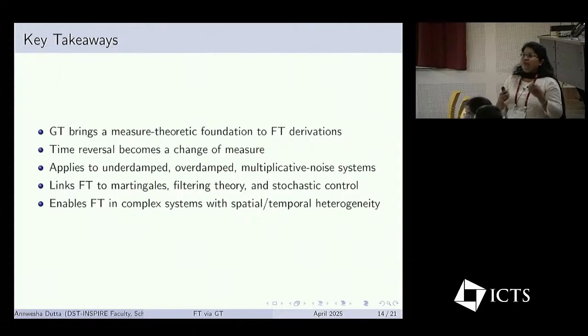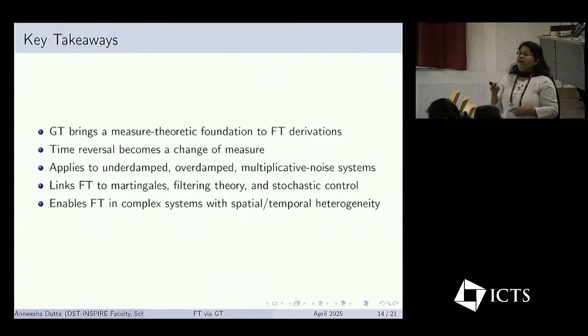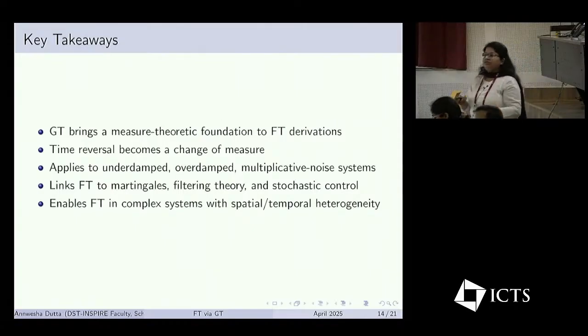We can also use the Girsanov theorem setup to compute the fluctuation theorem for underdamped and overdamped multiplicative noise systems. We can link the fluctuation theorem to martingales, filtering theory, stochastic control, and many other important quantities. And it enables us to compute the fluctuation theorem for complex systems with spatial and temporal heterogeneity.